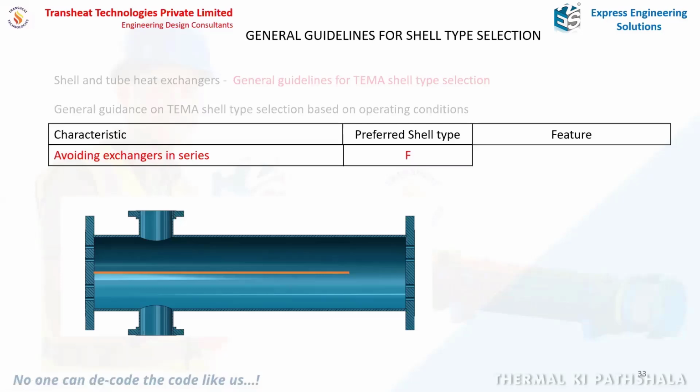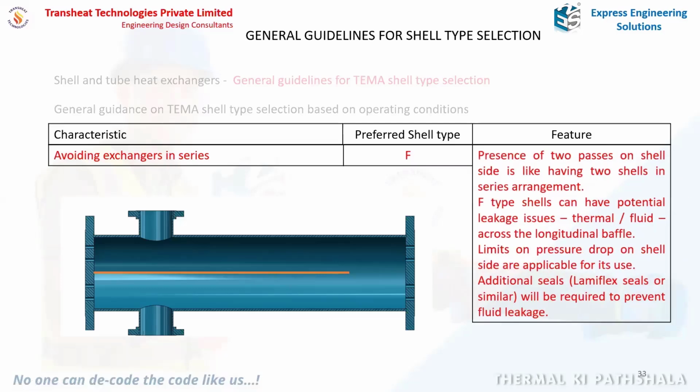Having said that, F-type shells are also prone to certain problems. If you have a high pressure drop on the shell side because of this design, then you have chances of fluid leakage or even heat leaking across the longitudinal baffle. And to arrest fluid leakage, F-type shells are generally provided with sealing arrangements like seals, so that the fluid does not leak across the longitudinal baffle.